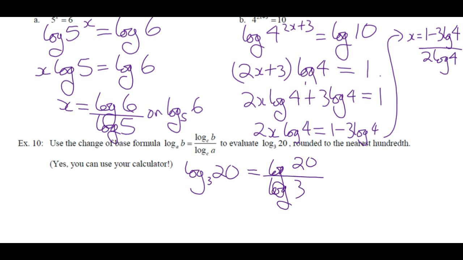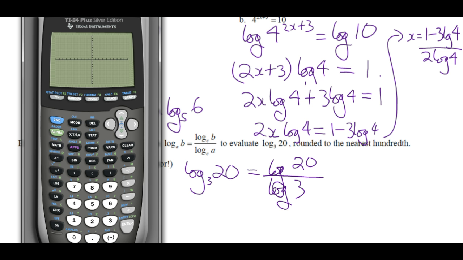Do you save any keystrokes really? You're going to go log, then you'd have to go down there and put in 3. There's just less brackets. Yeah, less brackets. So we go log 20 close bracket divided by log 3.